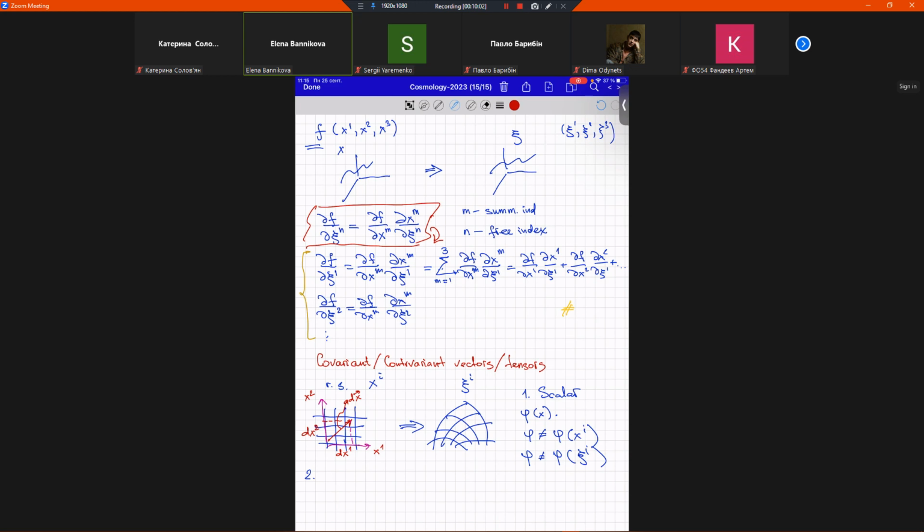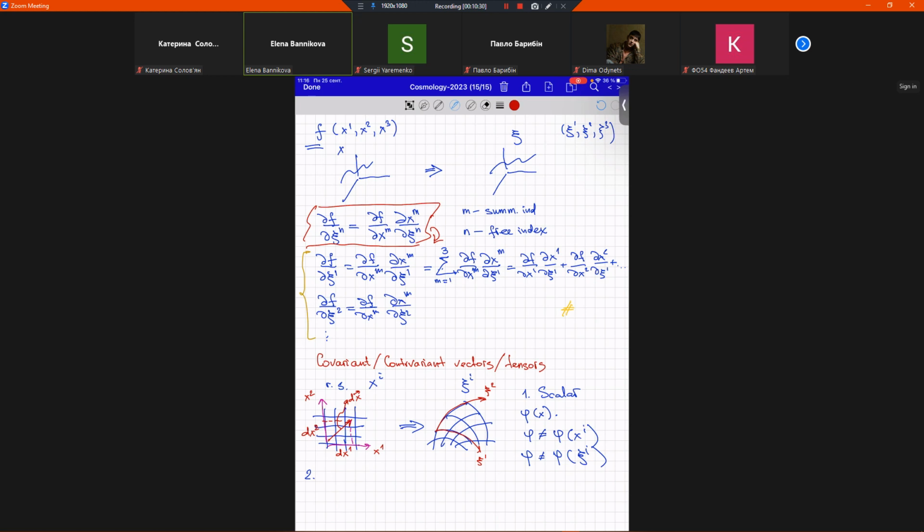In this case, if we move to another reference system, we understand that the coordinates of the vector, for example, I will choose this, will now be x'1, x'2 in general case.